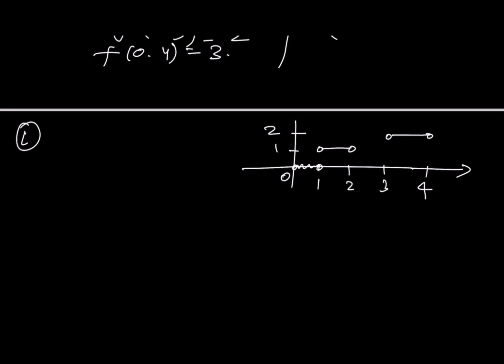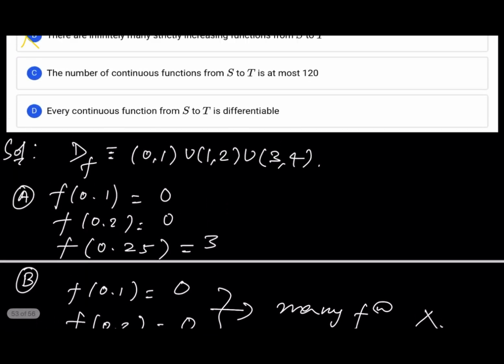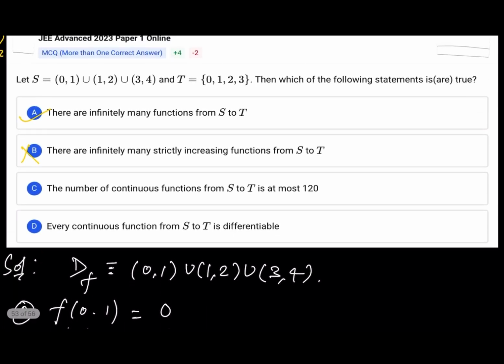But if you see, the function is jumping from 0 to 1 at x = 1, but still it is continuous because x = 1 is not in the domain of the function, same as x = 3. x = 3 is again not included in the domain of the function.